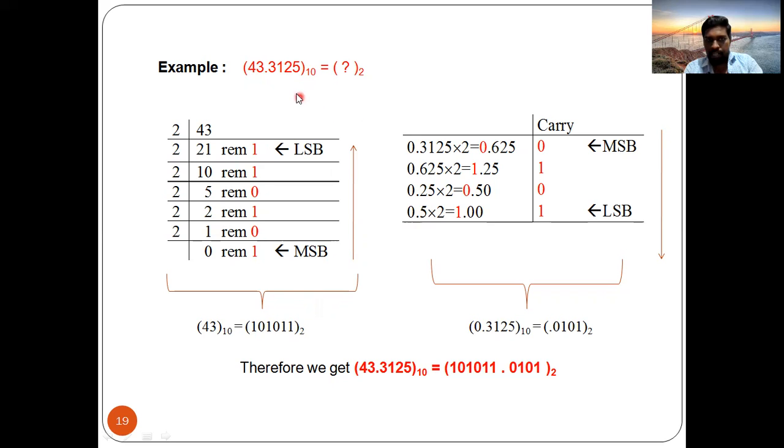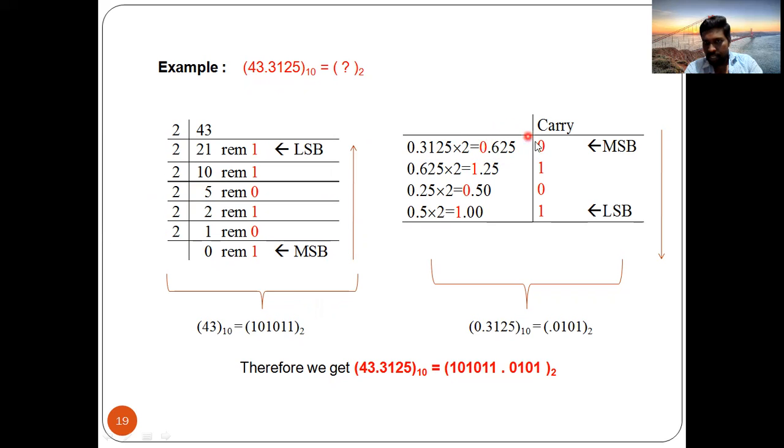Now, come to the fractional part. What is the fractional part? 0.3125. In the integer part, we made division. You call this successive division, right? But in the fractional part, you should do successive multiplication. So multiply this number by 2, you will get 0.625.